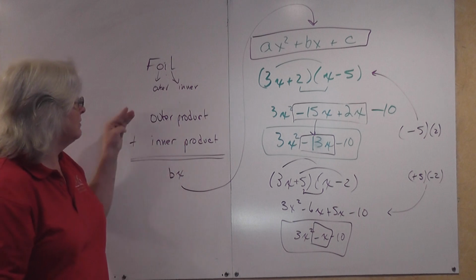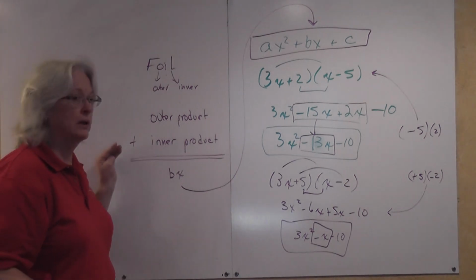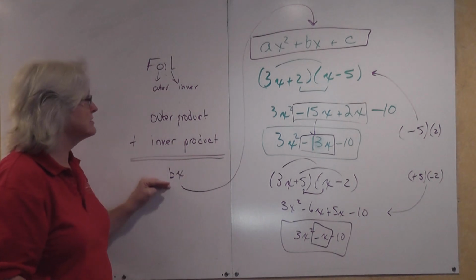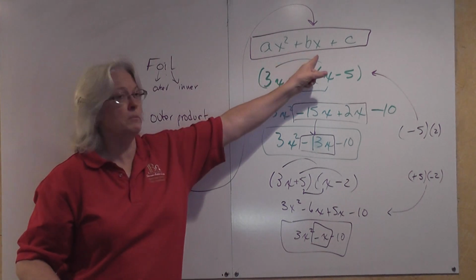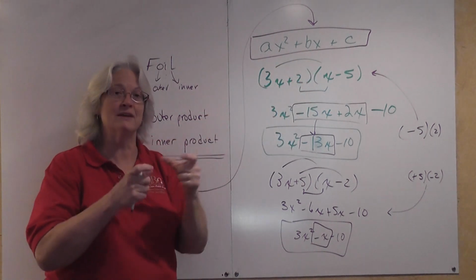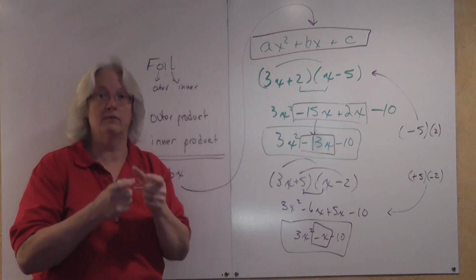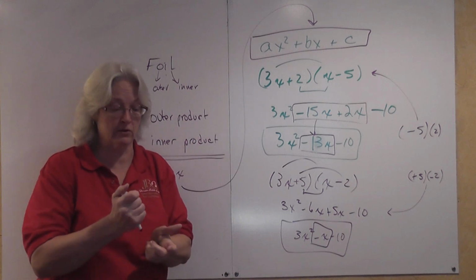So the outer product plus the inner product has to equal bx. It has to equal the center term of the trinomial that we're trying to factor.